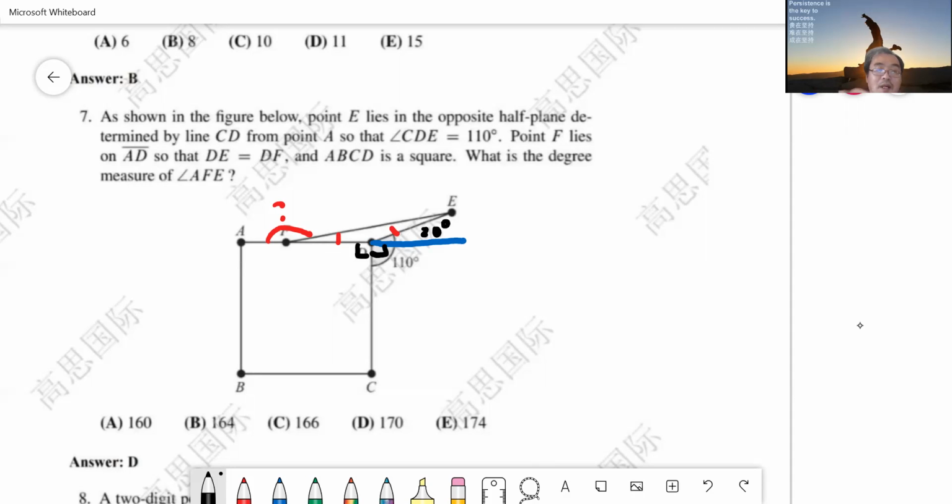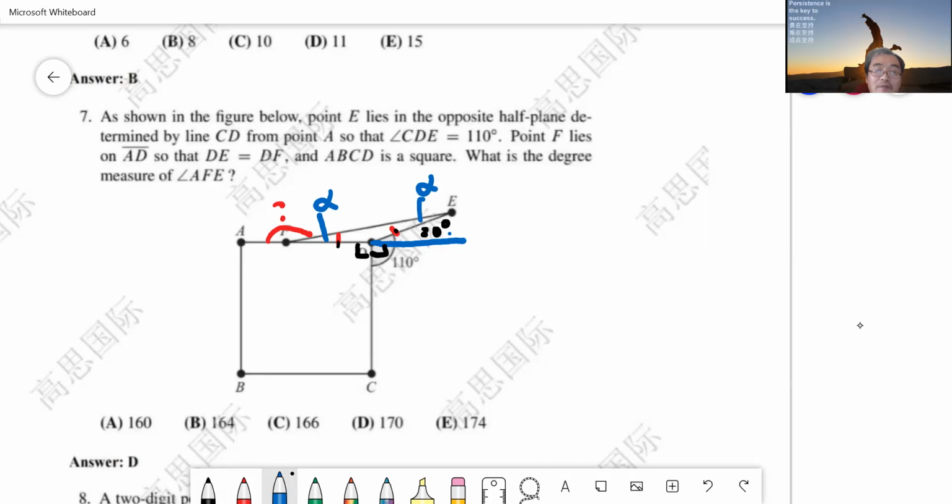Right. Because these two sides are congruent, FD and DE are congruent, that means these two form an isosceles triangle. If we call this alpha, then this is also alpha. So this 20 degree is the exterior angle of this triangle.